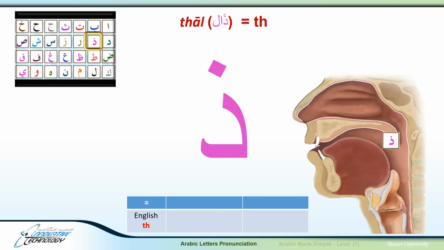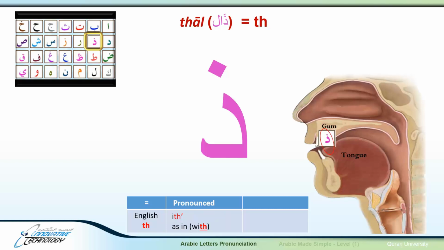Th, as in English with, or th in the, they, them, those. This sound is created by bringing your tongue up to your inner gums. That's why we identify the articulation point for the dhal to occur between the tongue and the gum.